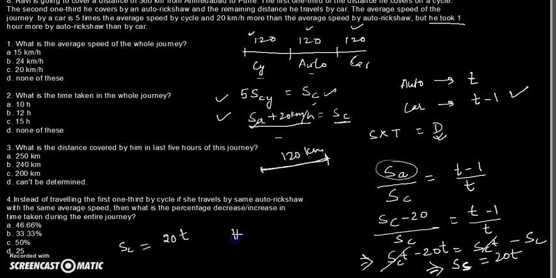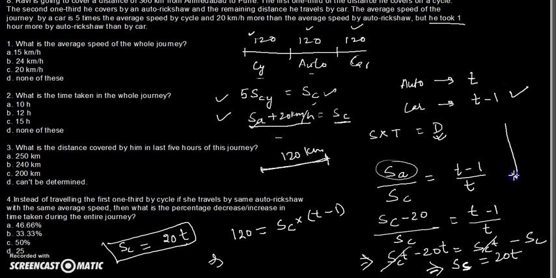So you can also write 120 kilometer distance is equal to speed into time. What is the speed of the car? SC. What is the time taken? t minus 1. Correct? Now, you got this expression using this relationship. You can use 20t in place of SC, so I'll replace SC using 20t and put it like this.